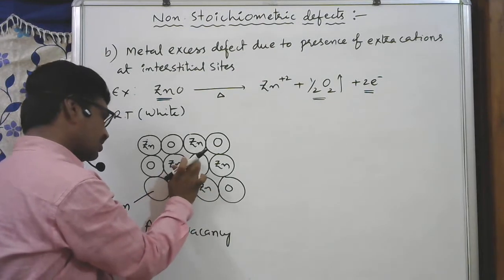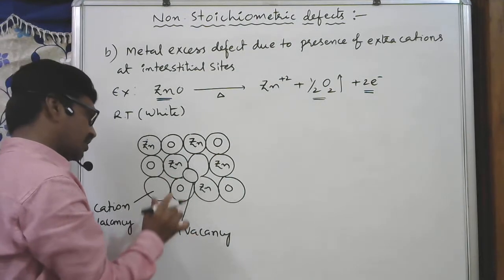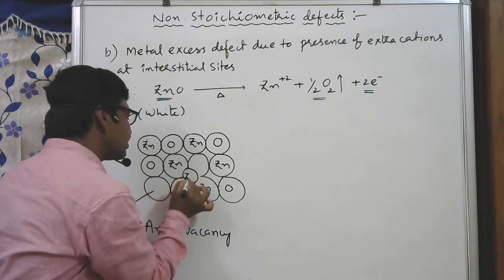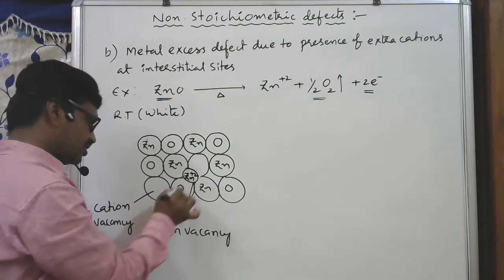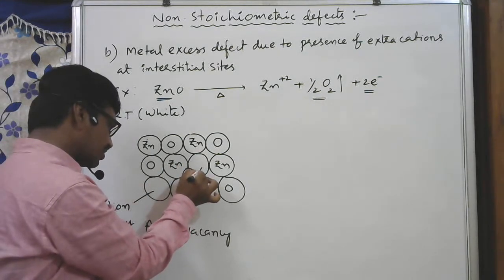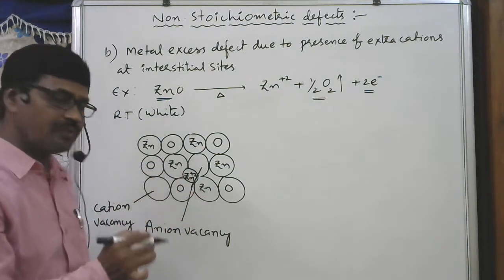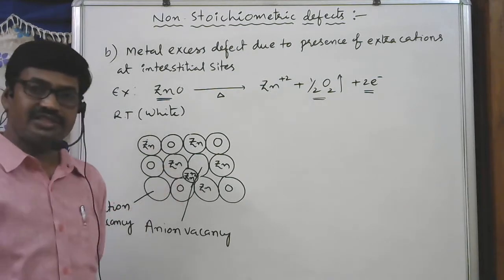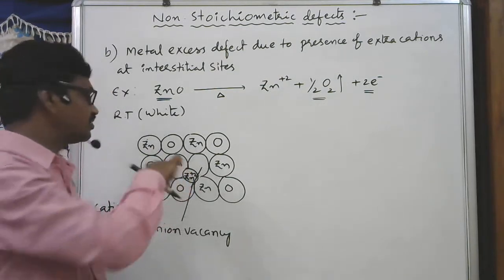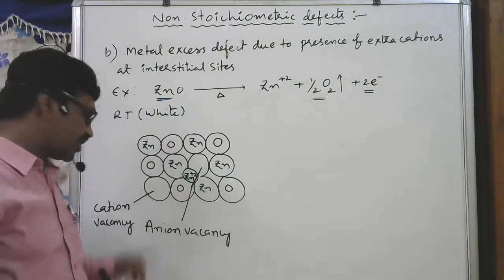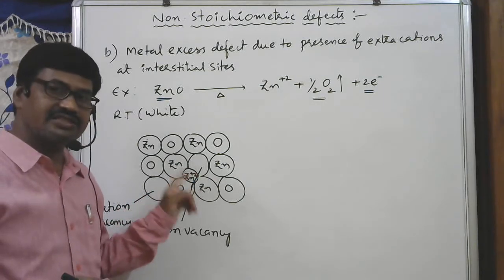From here O minus 2 is eliminated as oxygen gas, and here now zinc will enter. Zinc will take this position. This is an anion vacancy. This interstitial site is occupied by zinc, meaning one of the zinc sites within the lattice is now vacated, and that zinc has entered into an interstitial site.